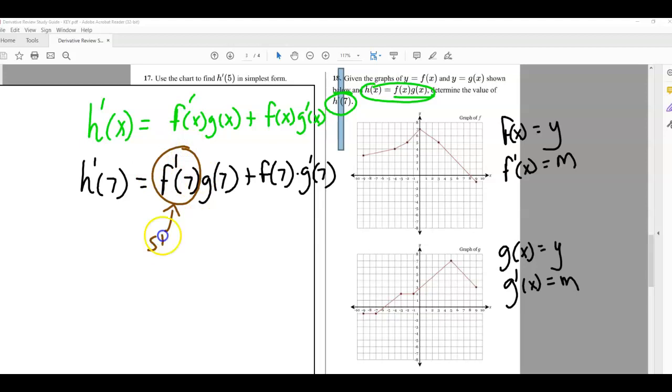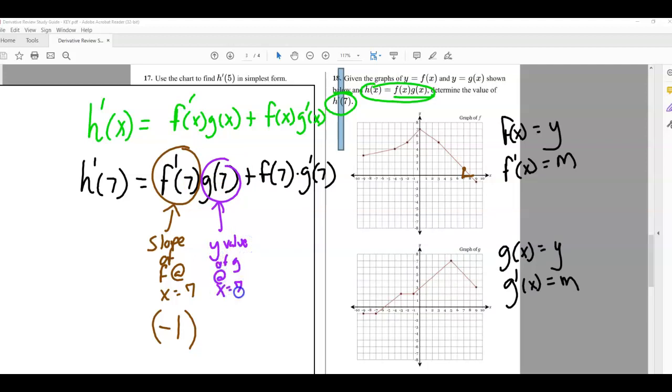This is the slope of f at x equals 7 on the graph. So x equals 7 is right here. So what is the slope of that line? Well, just looking at the rise over 1, it looks like it's going down 1 over 1. So that's a -1 slope. This is the y value of g at x equals 7. So at x equals 7, the y value of g is 5.